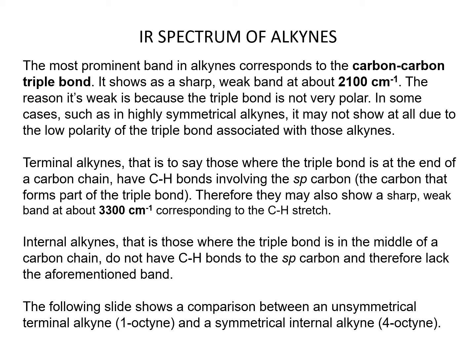And this hydrogen, because of the electron-rich triple bond, will be more polar, more acidic. And that's why you see a polar carbon-hydrogen bond and an absorption in the IR spectrum at around 3300 centimeter inverse. Let's see this example in the next slide.